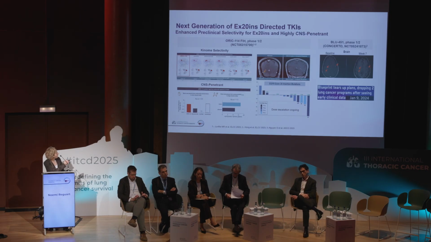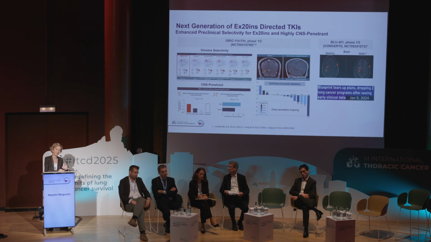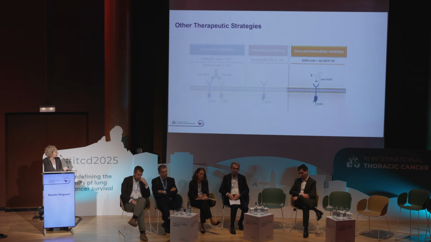And so we have this one here, ORIC-111, for which very nice complete responses in the brain have been reported. It has preclinical evidence of high intracranial activity, so it will be very nice to see how the phase 2 clinical trials give further information on the activity of these drugs in the brain.